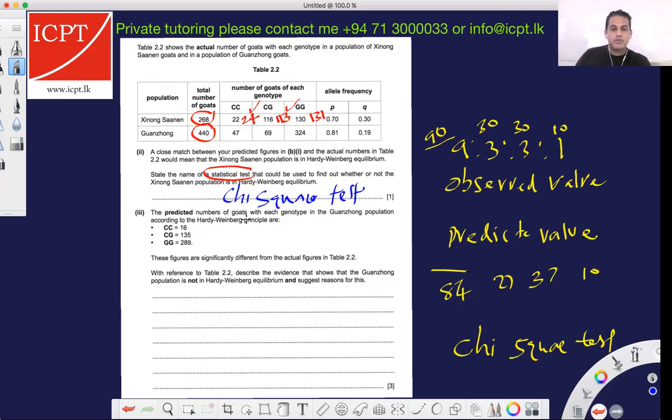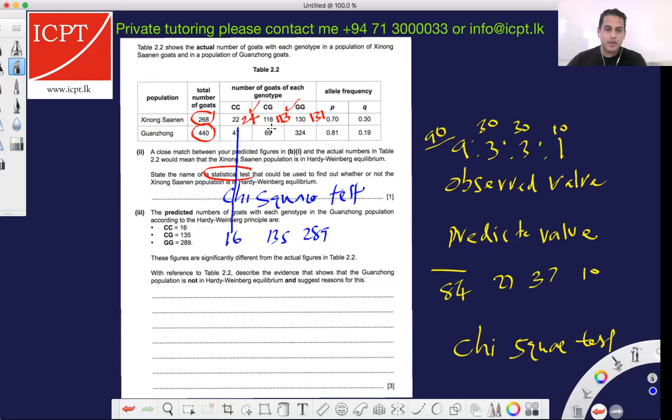The predicted number of goats with each genotype in the Guangdong population, according to the Hardy-Weinberg principle, are 16, 135, 289. So it is 16, 135, 289.